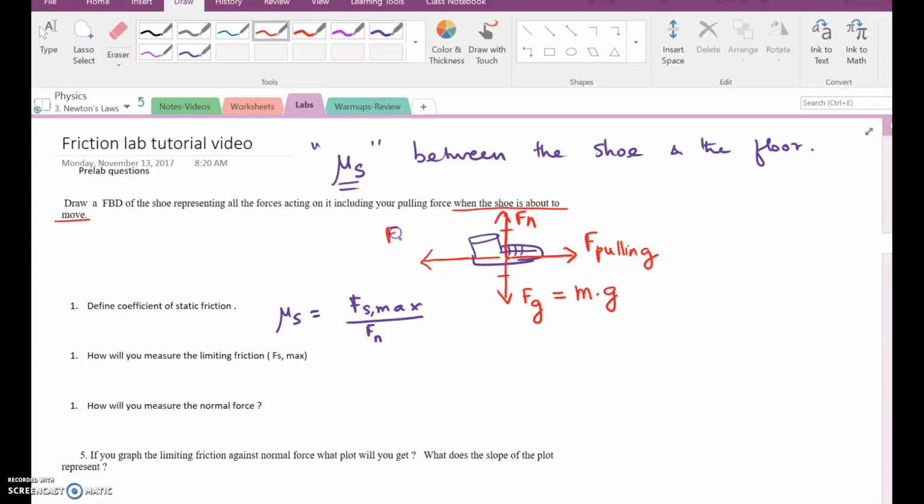So therefore, we must correctly represent the friction as the maximum static friction, which will be equal and opposite to your pulling force. So this gives us a way to measure our pulling force or our limiting friction. So Fs max can be measured as your pulling force when the shoe is just ready to move.